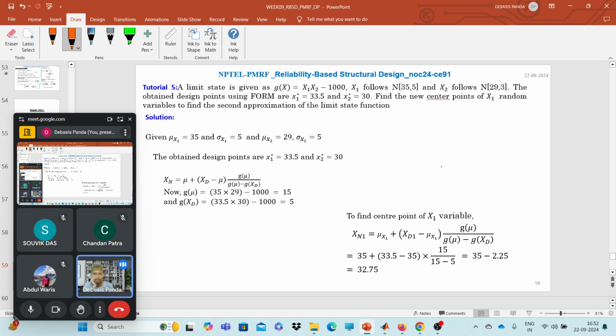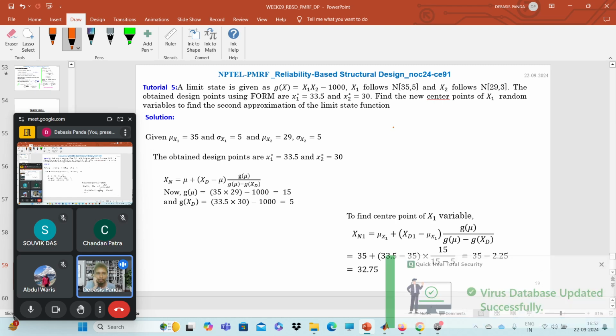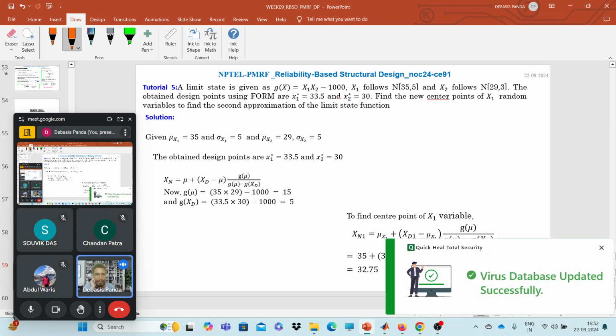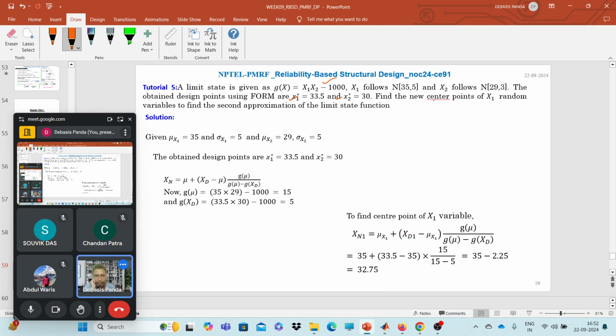Here that has actually been given. Now you have the limit state, x1 follows normal, x2 follows normal. The obtained design points are x1 and x2. You need to find the new center point of x1. Your xd is given as 33.5 and 30.